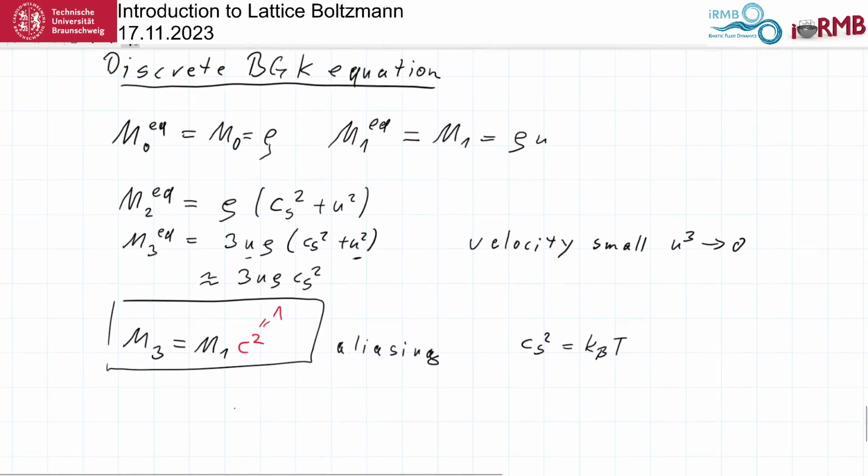So the cs squared, you could simply say cs squared is 1 over 3 c squared. And because we are saying that c is 1, we would just define this as 1 over 3, right?